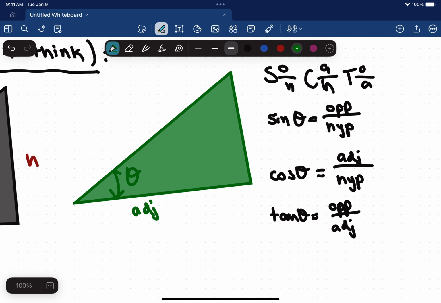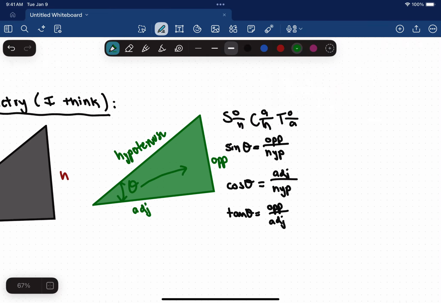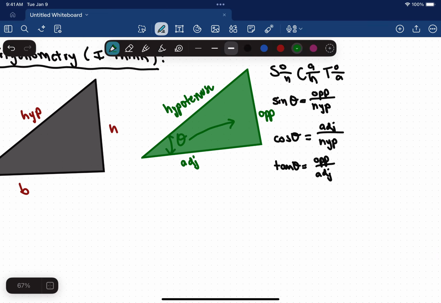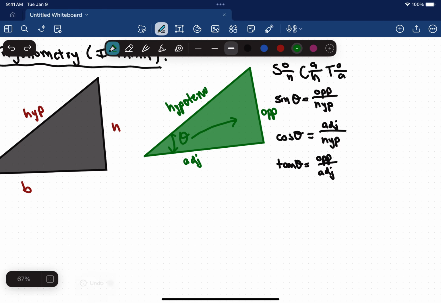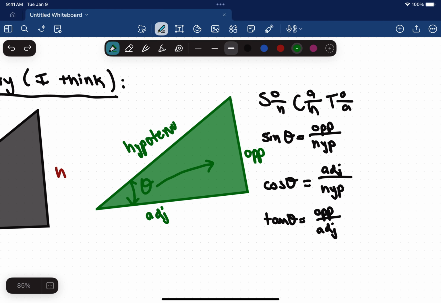Now, this is why it's called opposite, because this side right here is on the opposite side of theta. And then this long part right here will always be hypotenuse. Always. I can't really think of a specific example for that, but you guys can just search it up on Google.